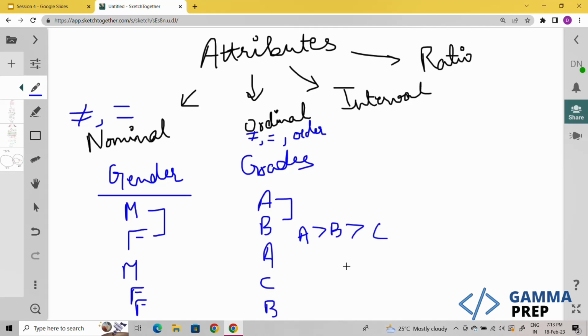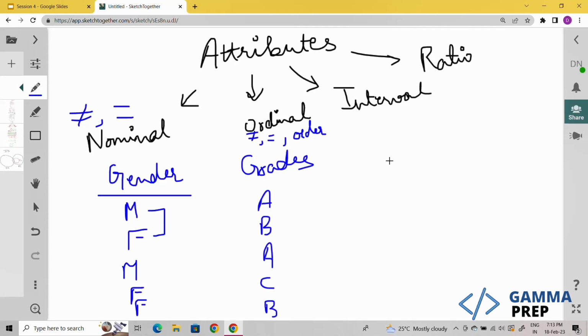So not only can you figure out equality and inequality, but you can also order. So grades is an example of an ordinal attribute.